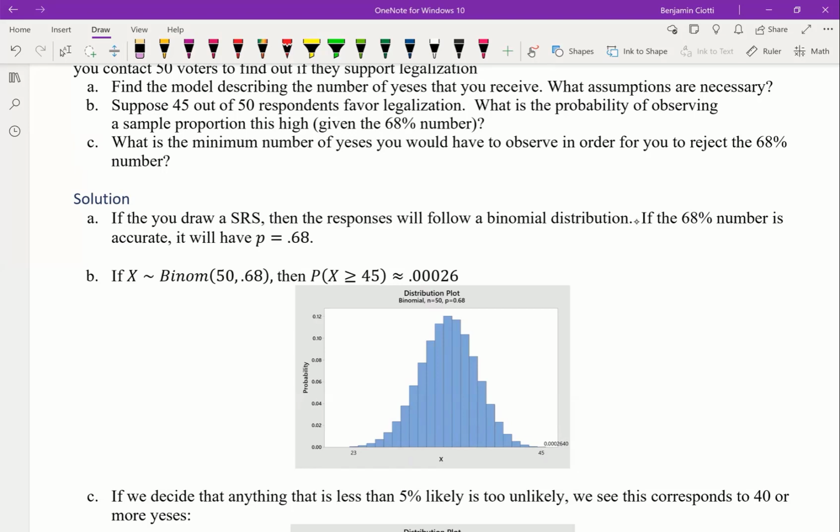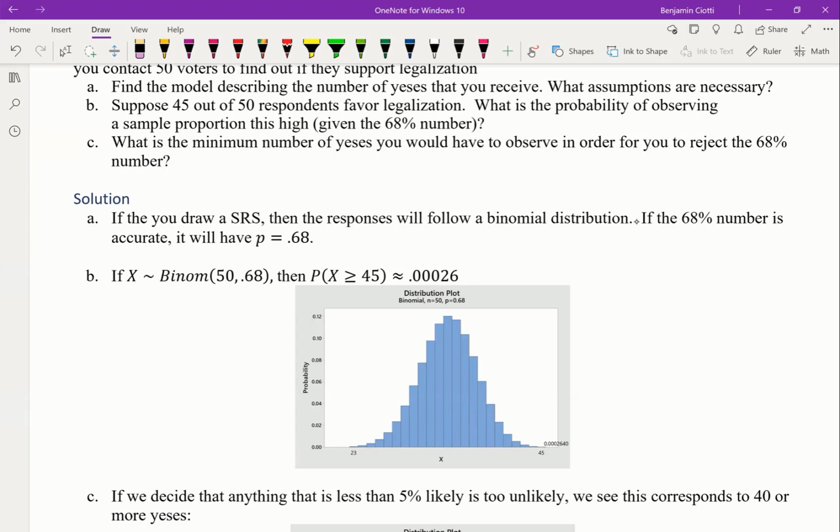Now, it's possible that maybe you just got super lucky or unlucky, depending on your opinion, with this particular set of 50 calls. What's the minimum number of yeses that you would have to hear that would cause you to reject the 68% number? So the answer to this question is kind of subjective. It depends how sure you want to be. Like how positive do you have to be?